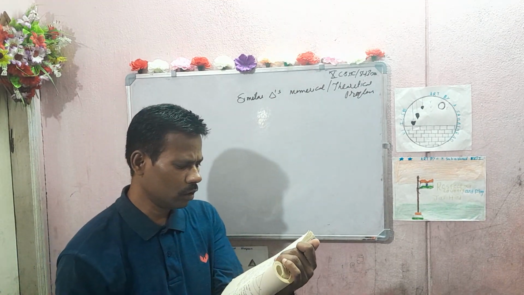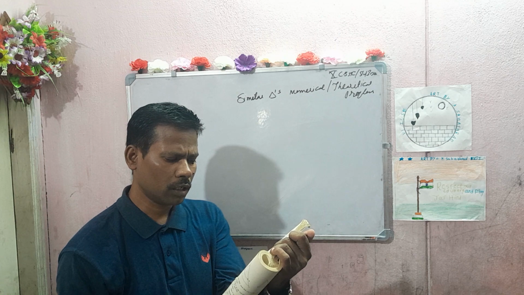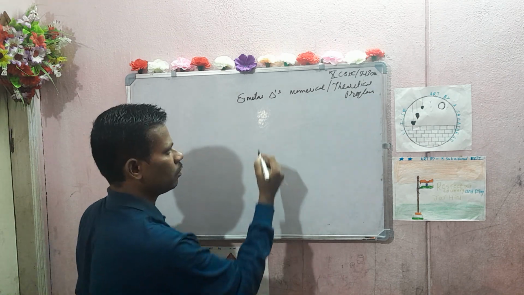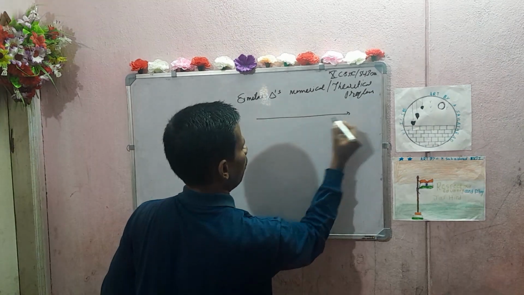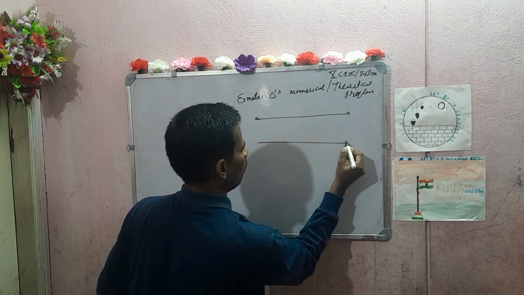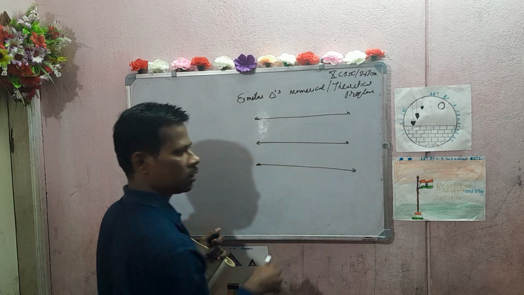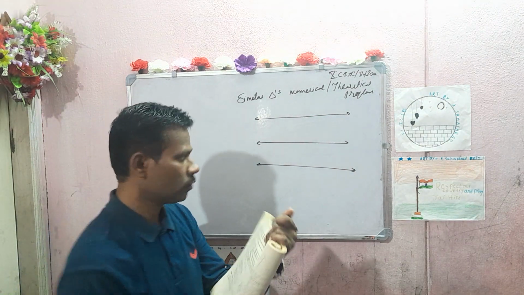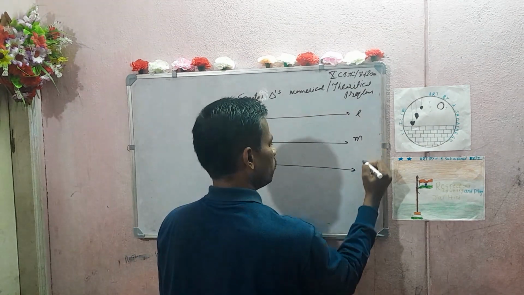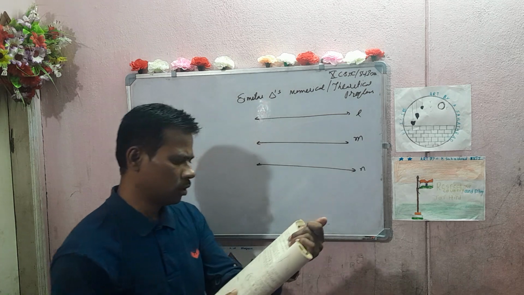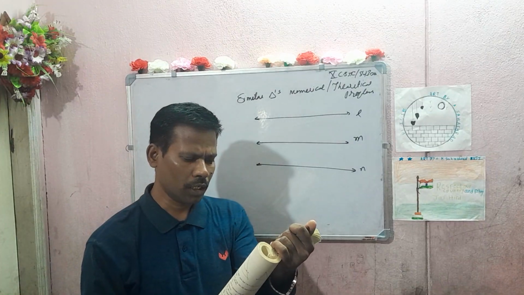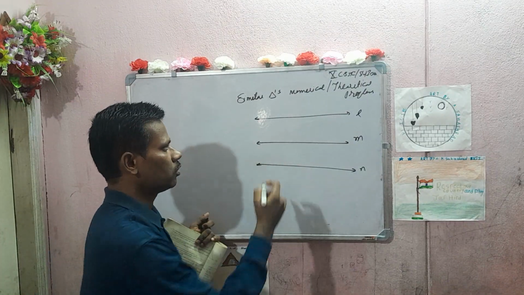Now what we have to do: three or more parallel lines are intersected by two transversals. Let us take three parallel lines, which are L, M, N.